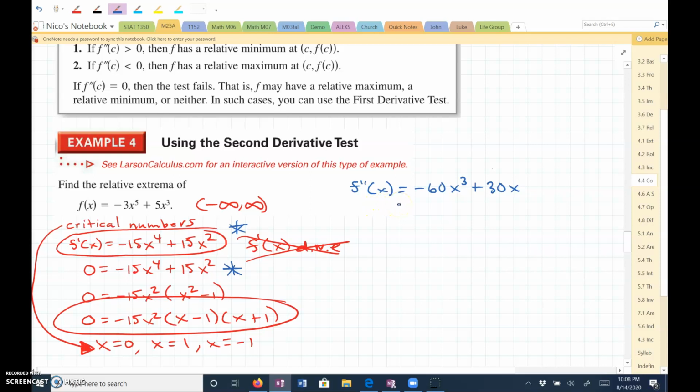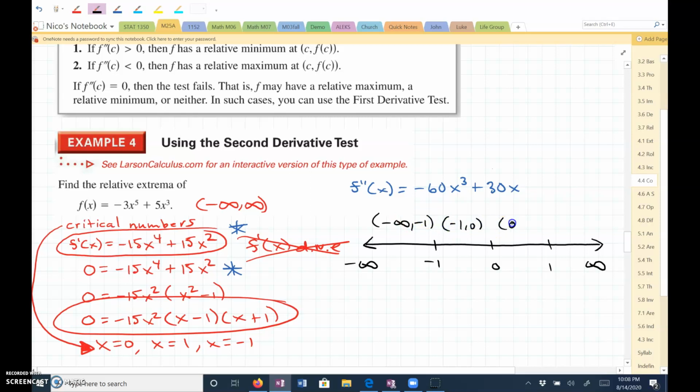And then what we can do here is a number line. The domain here is all reals. Critical values are at -1, 0, and 1. So we have an interval from negative infinity to -1, -1 to 0, 0 to 1, 1 to infinity.